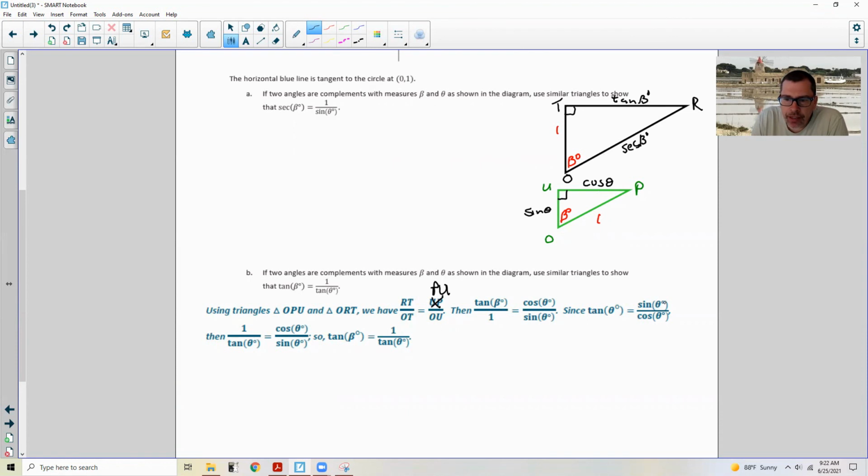And since tan theta is sine theta over cosine theta, we can substitute tan beta over 1 as sine theta over cosine theta. So 1 over tan theta is the inverse of sine theta over cosine theta, or cosine theta over sine. So therefore the tangent of beta equals 1 over tangent theta.